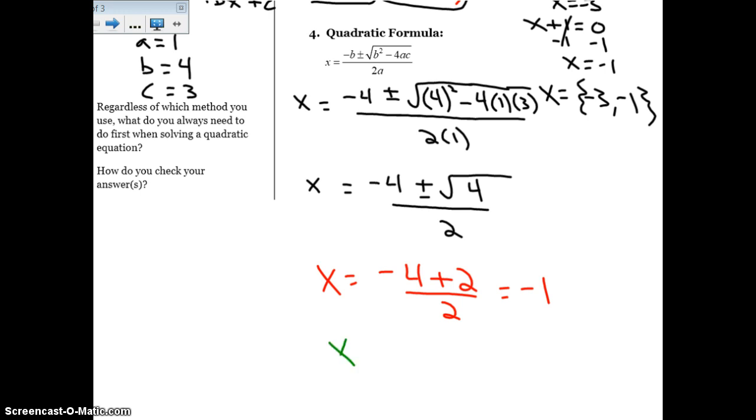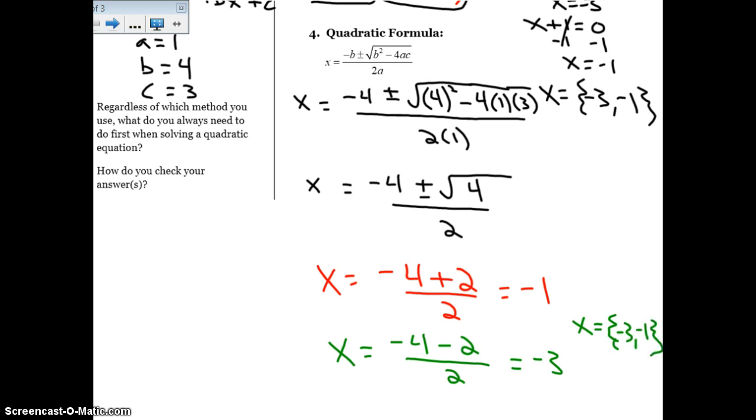And then, because there's a plus or minus sign, we're also going to do negative 4 minus 2, because, again, the square root of 4 is 2, divided by 2. And this time we're going to get negative 4 minus 2, that's negative 6 over 2, you get negative 3. So again, your answers are negative 3 and negative 1.